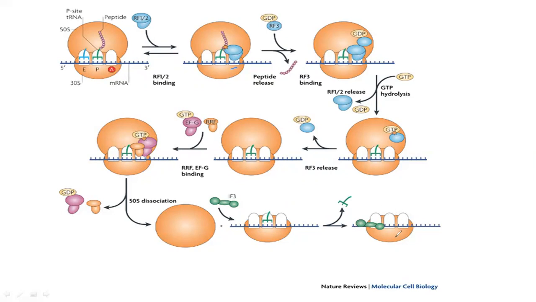Now this 30S subunit is attached with IF3, so initiation factor 3 has a role to put aside the 30S subunit, to stop it from binding with the 50S ribosomal subunit.